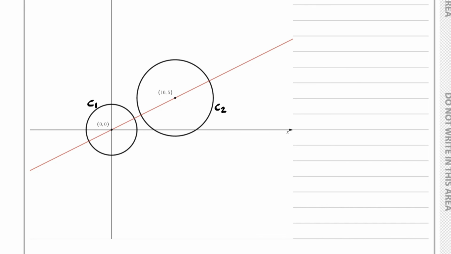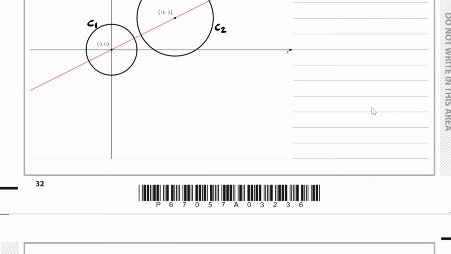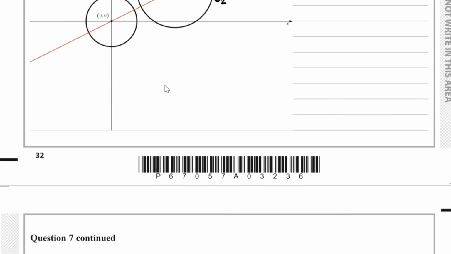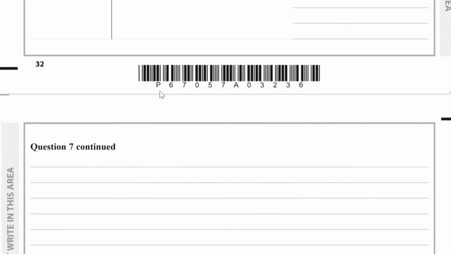The way we can do that is to find the gradient of this line, and it passes through the origin. So the gradient is equal to 5 over 10, which is 1/2.